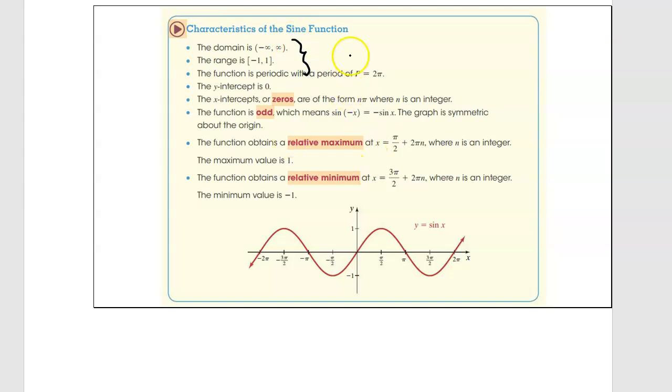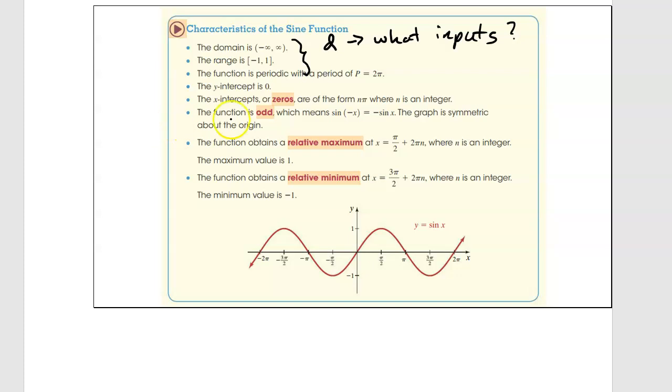So the domain, D, is just what inputs you can put into this. It's just talking about, what can I evaluate sine for? X can be literally negative a billion pi or positive a billion pi. It doesn't matter, we can still find the sine of that rotation.